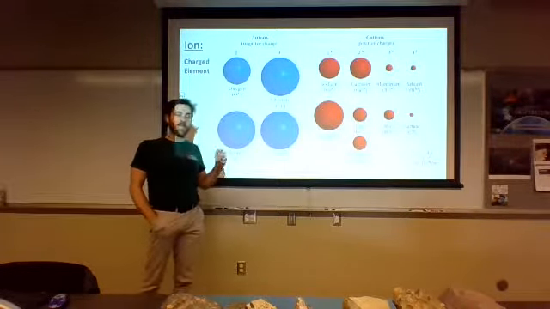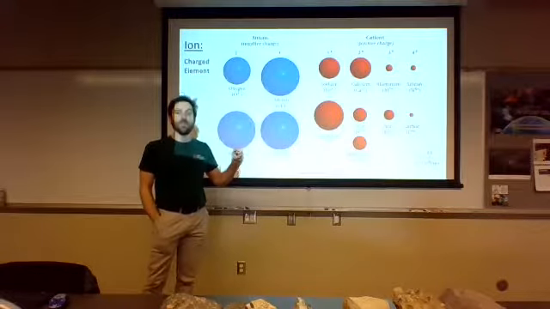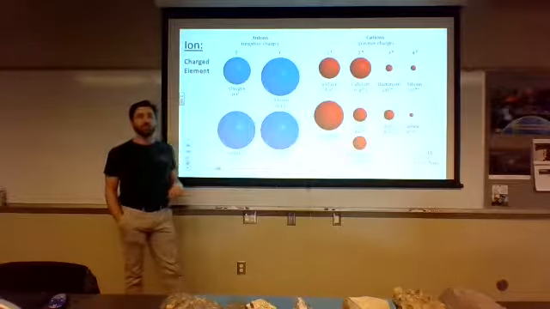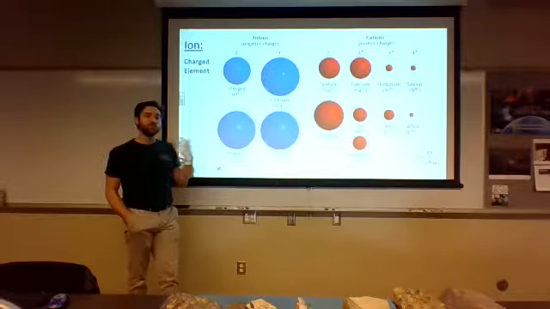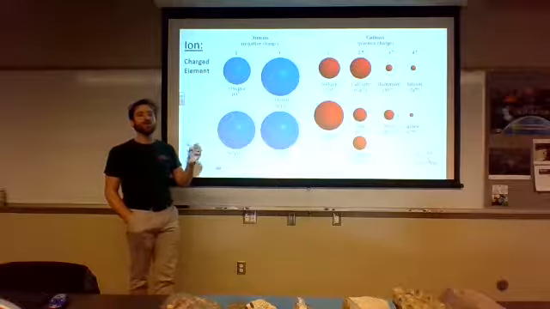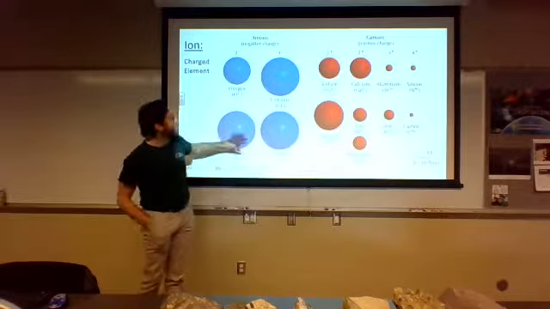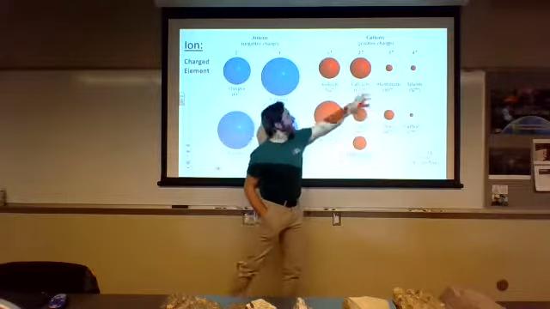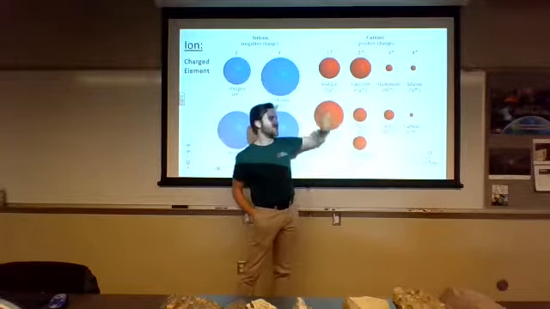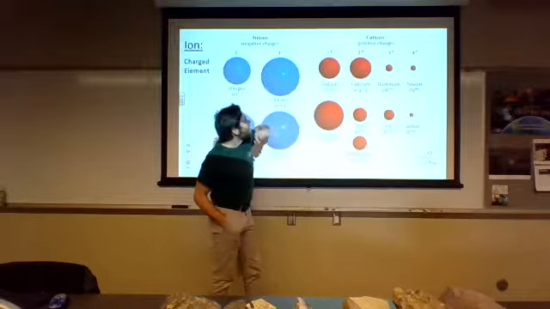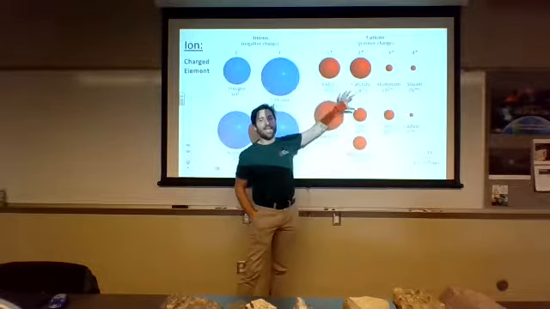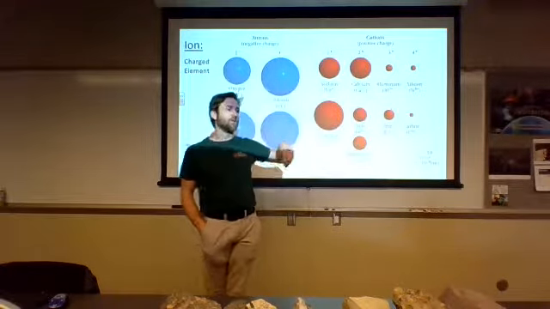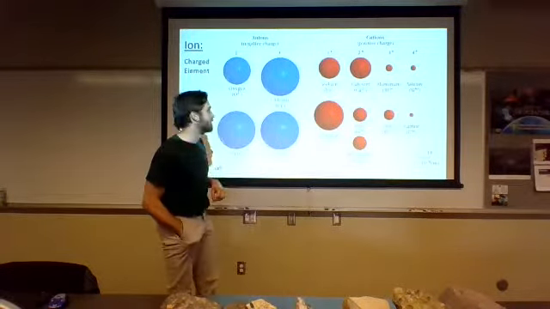Or those that have a surplus of electrons, or are more negatively charged, like say oxygen over here, they have too many electrons. Those are called anions. So here are all the anions, negatively charged ions in blue, and all the cations over here, positively charged ions in red.